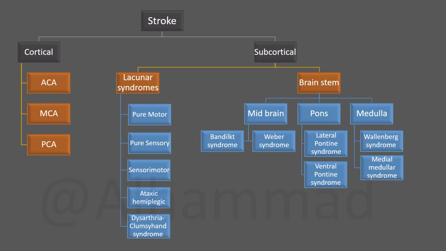So after we talked about the brain anatomy, the functions of the different lobes of the brain, and the arterial supplies to the different lobes, now we'll start talking about stroke. Stroke can be divided into many types. One of the classification systems is the cortical-subcortical classification, which is based on the presence or absence of what we call cortical signs.